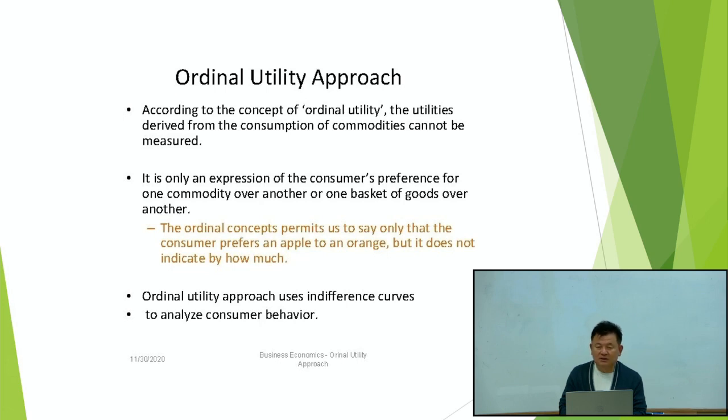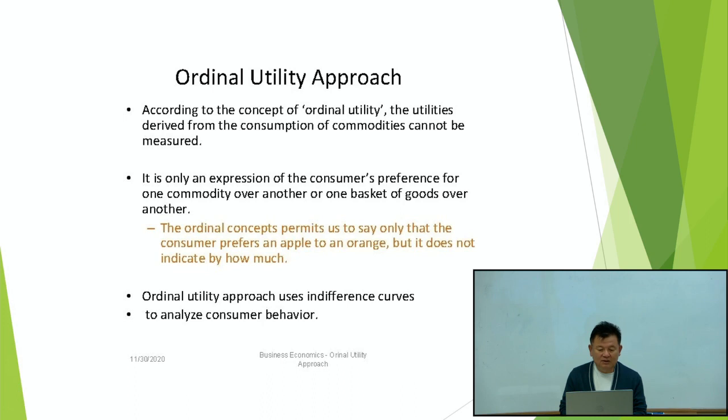According to the concept of ordinal utility, the utility derived from the consumption of commodities, goods and services cannot be measured. How much satisfaction do you get from the apple's taste? We cannot measure it. At that time, we use utility.